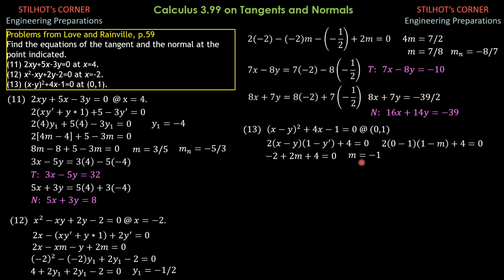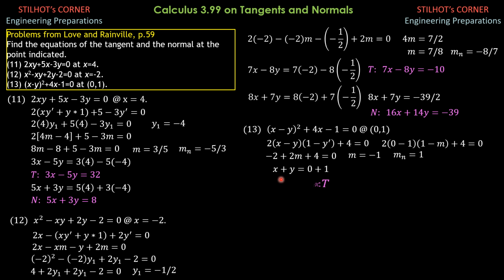If the slope of the tangent is negative 1, the slope of the normal is the negative reciprocal of negative 1, so it is positive 1. Now the tangent has the form of equation x plus y equals x1 plus y1. So x plus y equals 0 plus 1 because x1 is 0, y1 is 1.